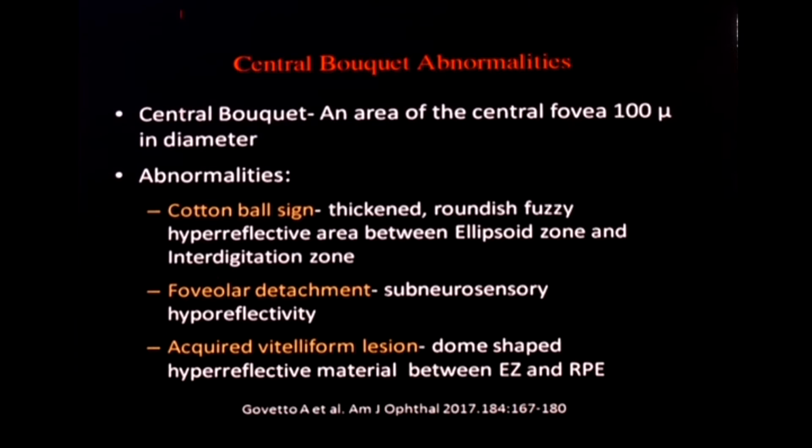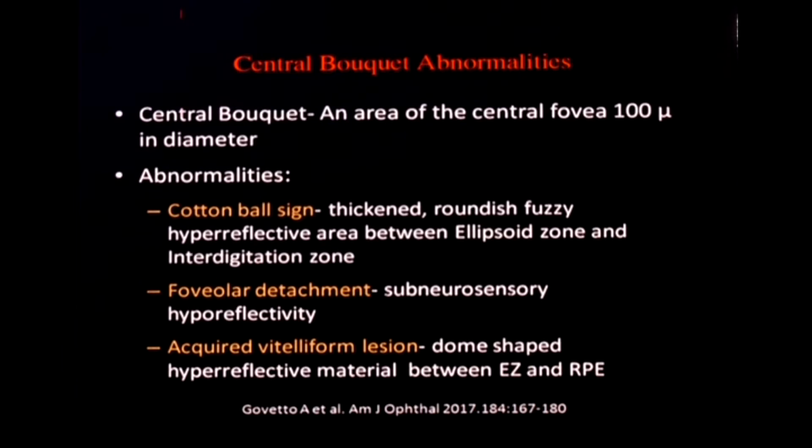Before I go to the clinical relevance, let me describe the central bouquet abnormalities. The central bouquet is an area of central fovea that is about 100 micron in diameter, and this has a peculiar arrangement of the cones and special Muller cells called Muller cell cones in that area.